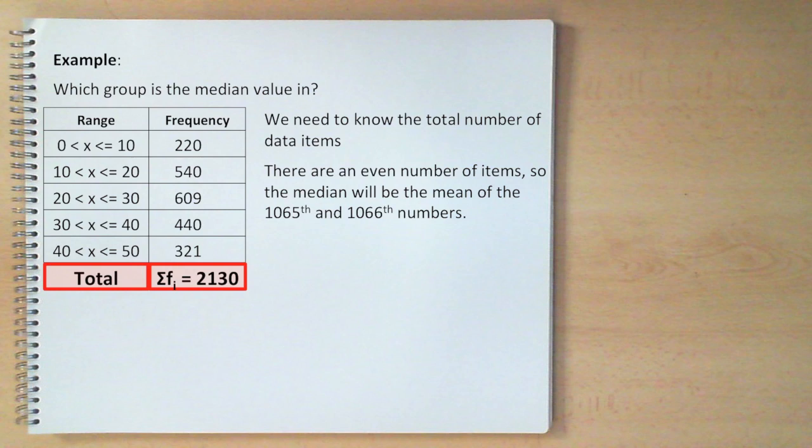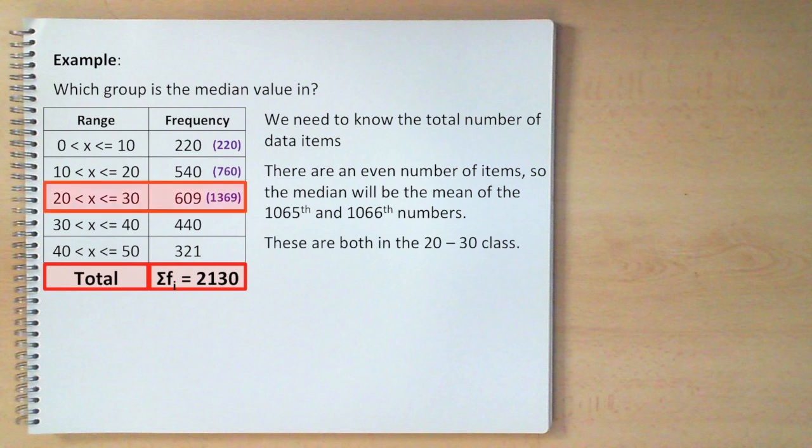So if we look at the frequency table, we can see that the first 220 are in the first group. Then we get up to 760 for the second group, but for the third group all of the numbers between the 761st and the 1369th are in that third group.